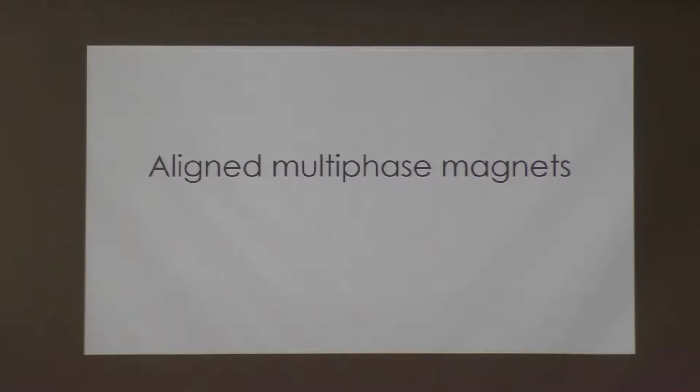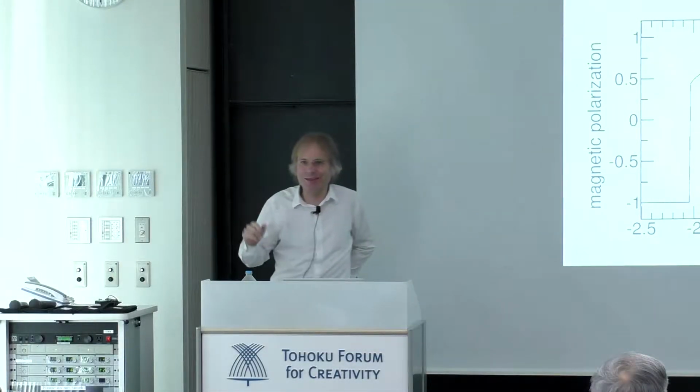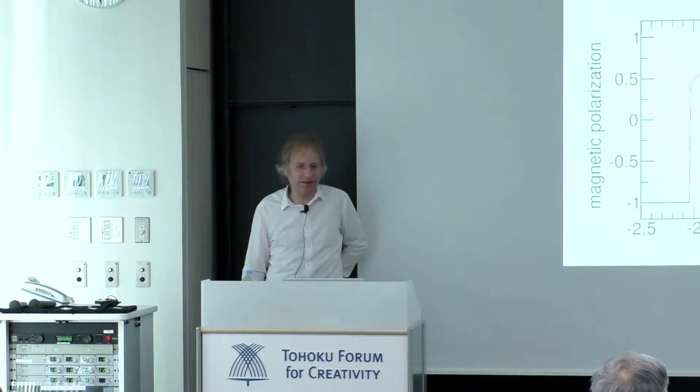In the following, I'd like to show you some ideas of aligned composite magnets. The most simple composite material would be core shell particles. And during this workshop, we already learned a lot in different talks about core shell particles.